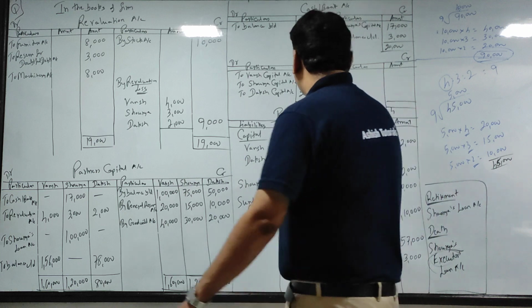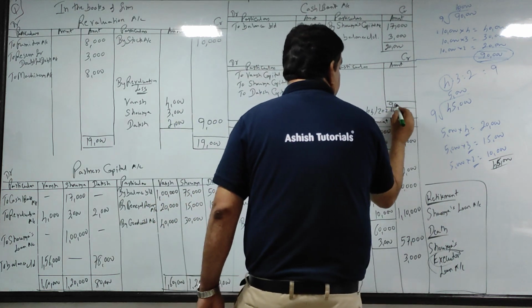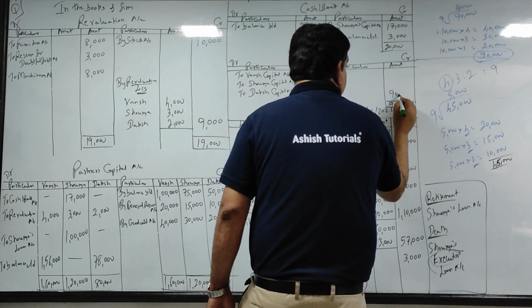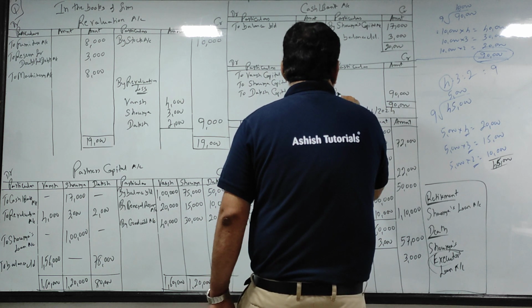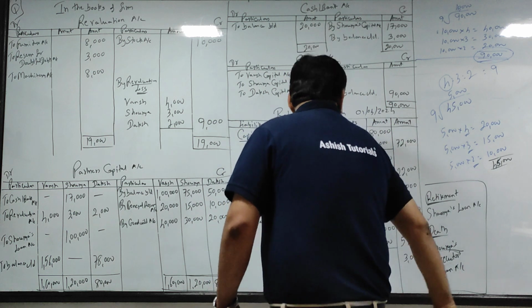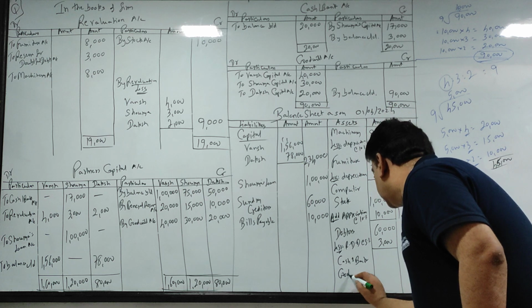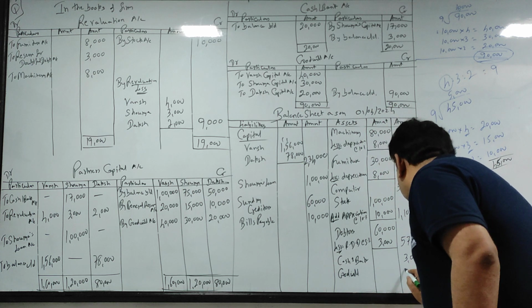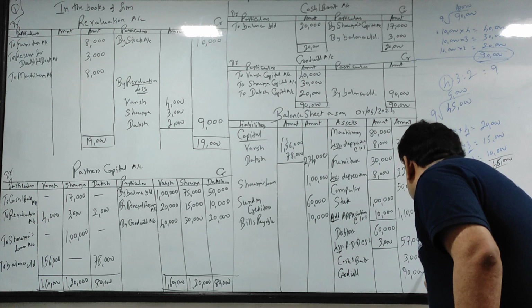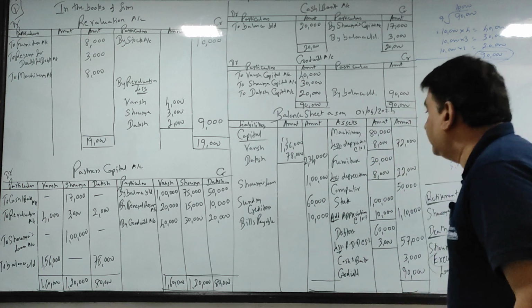Exactly the same way, we close goodwill. 40, 30, 70, 90. This will be a debit balance. So by balance carried down 90,000 and come to the asset side. Goodwill 90. That's it.